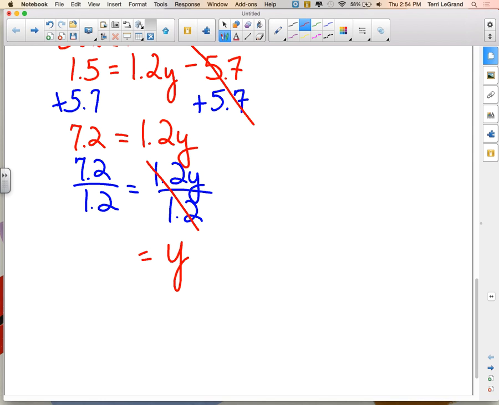Does anybody remember doing this when you divide with decimals? Move the decimal point over 1 so it's a whole number. If you do it for that part of the division problem, you have to do it for the other part of the division problem. You got to move it the same amount. So now what we really have is 72 divided by 12. Does that help? Anybody know how many 12s there are in 72? There's 6 of them, yeah.